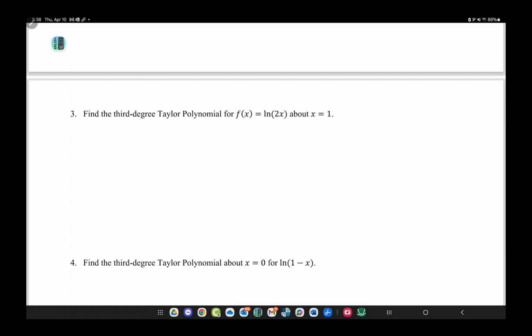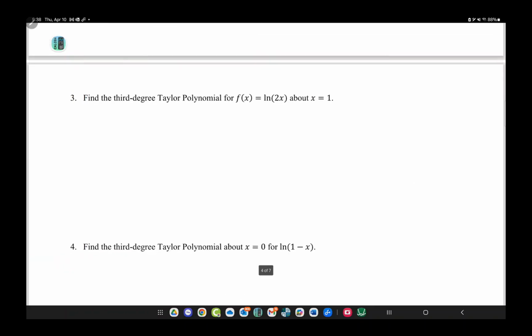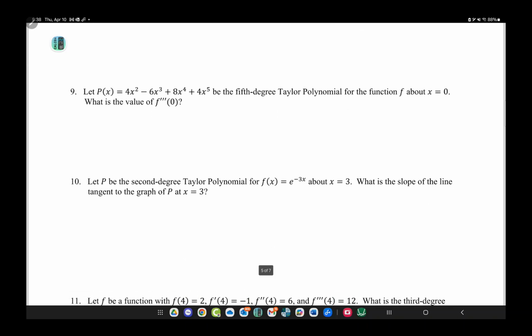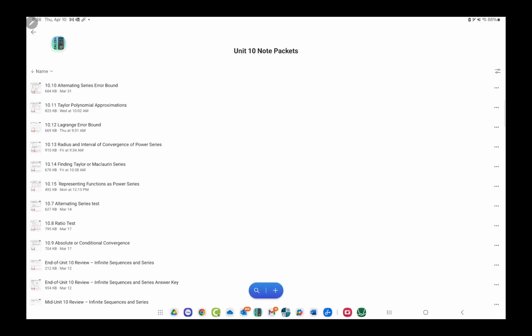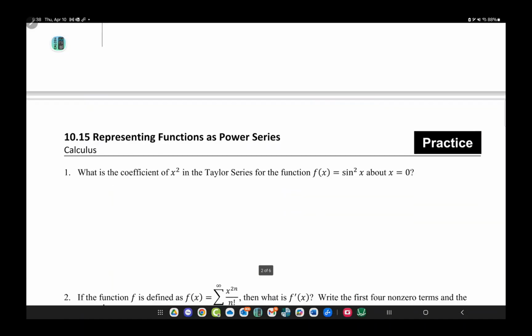So not only this question, number 3, but also number 9. No, these questions will be the multiple choice. So that covers one more question, 10-15, number 2.